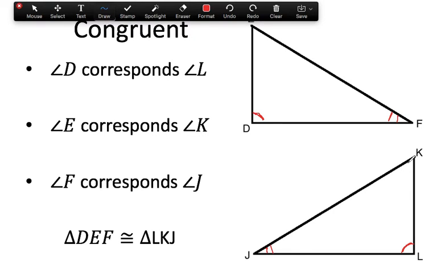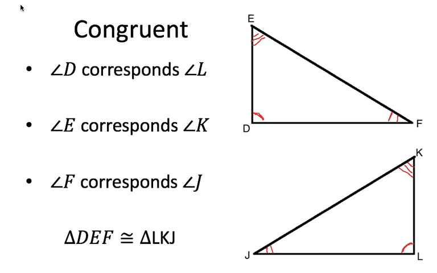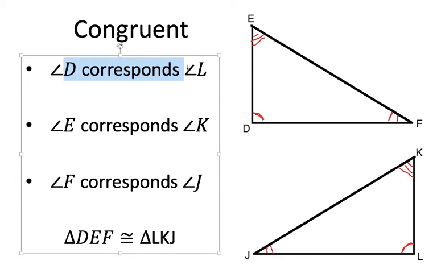And finally, we can tell that this angle K matches this angle up here, E. So because D corresponds with L, E corresponds with K, F corresponds with J, if I write my first triangle as DEF, then I need to make sure these match. So D matches the L, E matches the K, and then J matches the F.